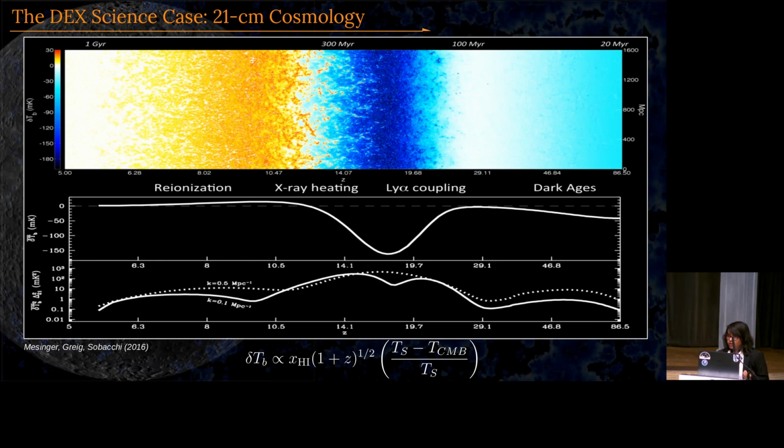Now, the 21 centimeter is the spectral line of the hydrogen atom. The hydrogen atom is a very simple atom with an electron and a proton. The spectral line arises due to the very, very low energy hyperfine spin flip transition in the ground state of the neutral hydrogen atom.